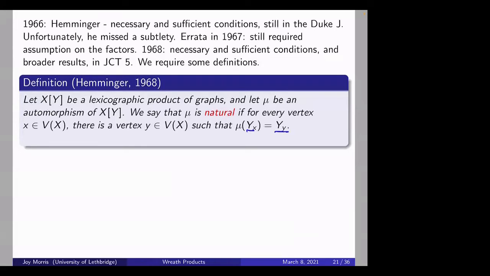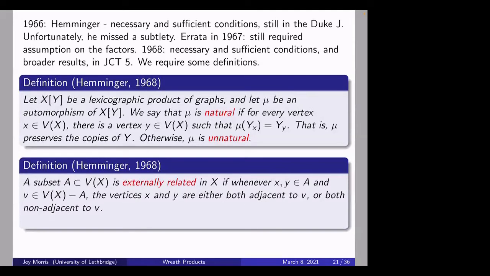So it's preserving copies of our second graph. And if it doesn't do that, then we'll call it unnatural. So if all of the automorphisms are natural, that's exactly what we want. If there's any unnatural, then that's not what we want.